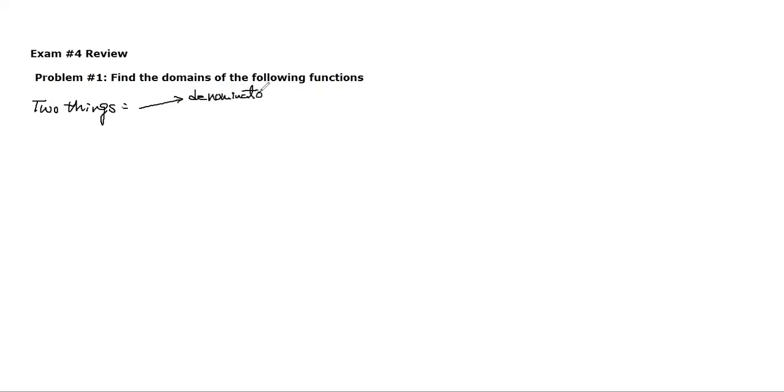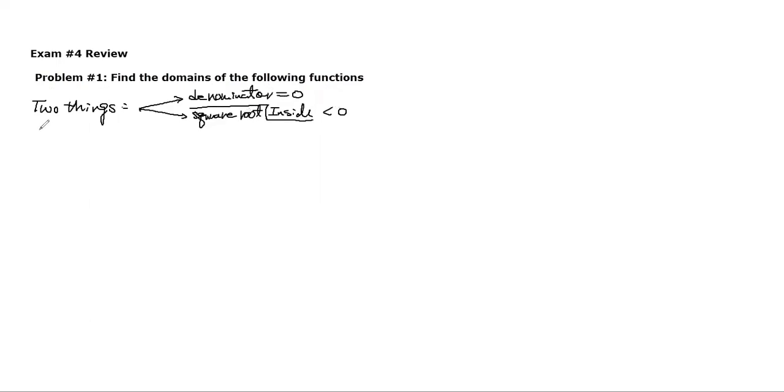If the denominator is equal to 0, we want to find all the values for which the denominator equals 0 and exclude that. Or what is here, the roots, right? The square roots. If the inside of the square root is less than 0, we cannot have a negative number.